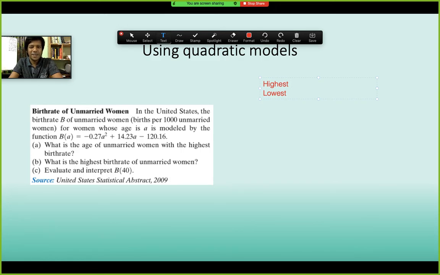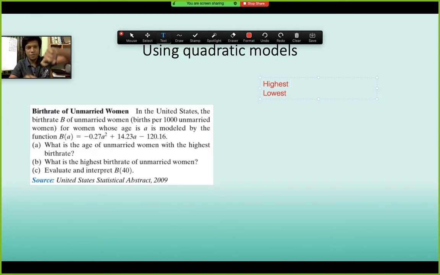Do you understand? The highest point of the quadratic function is the vertex. If someone asks you the lowest, suppose this is the lowest, an upward opening parabola.